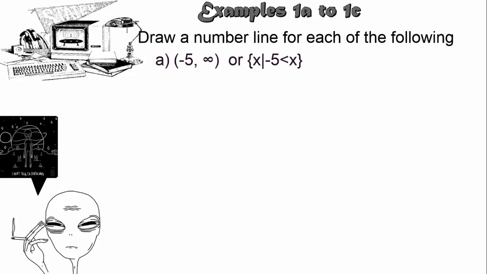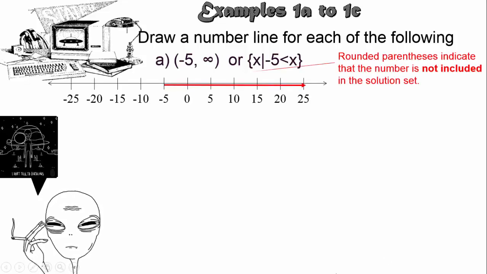So in A, we have the interval (-5, infinity), or in set builder notation, curly bracket x, where -5 is less than x, close curly bracket. So how would we draw this on a number line? Well, first we draw our number line here, and then we put in our interval.